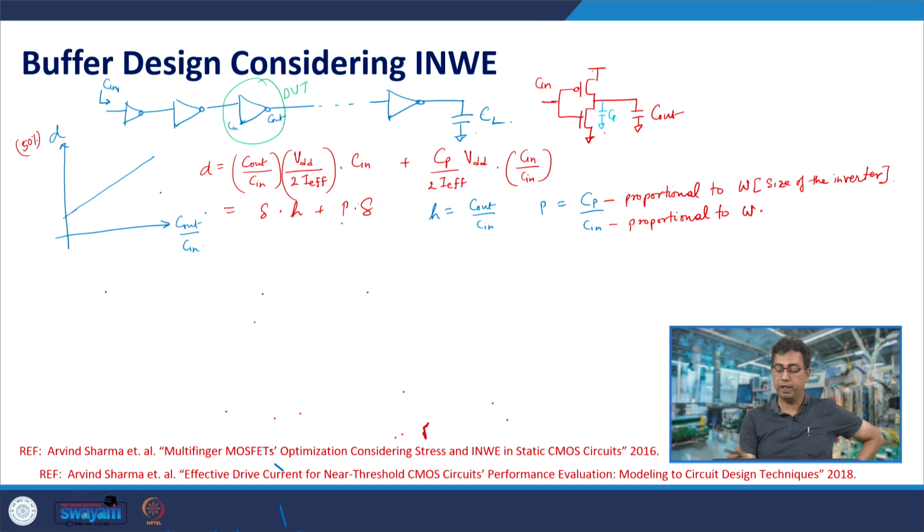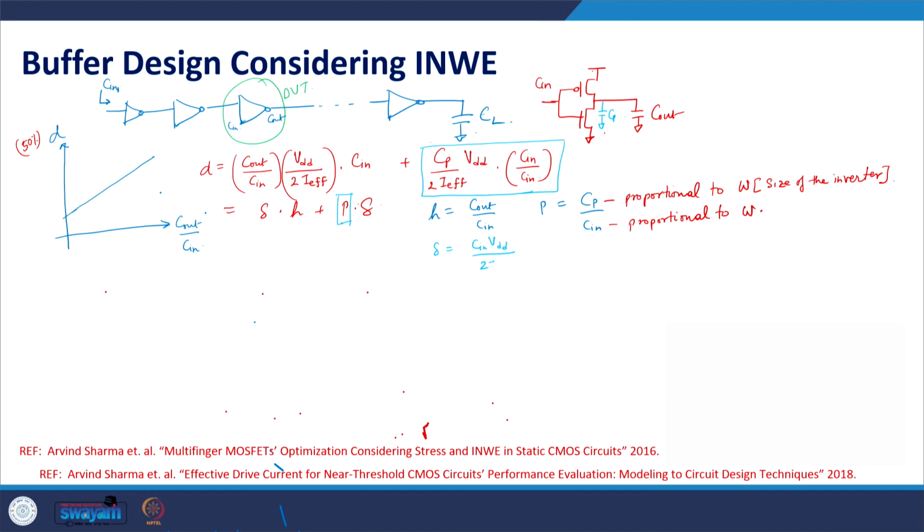As we had seen earlier in this course, Cp would be proportional to the size of the inverter and input capacitance also is proportional to the size of the inverter. Therefore, this term would be a constant if a given layout discipline is followed, as we will discuss later. So, what is this delta? That is C in VDD by 2I effective.